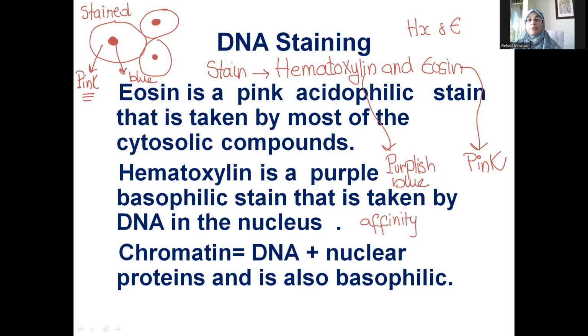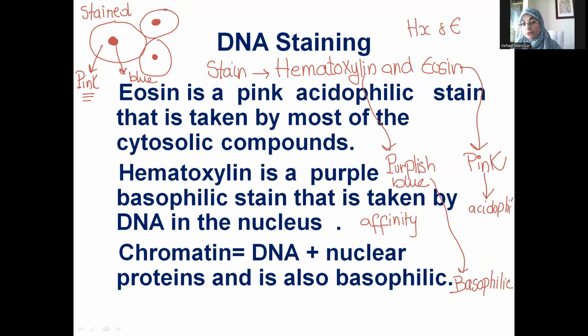Now, hematoxylin is a basic stain. That's why all structures that will be stained by hematoxylin, like the nucleus, like the DNA molecule, we call basophilic structures. The nucleus loves hematoxylin because it is DNA that loves hematoxylin. And whatever structure is stained pink will be an acidophilic structure.